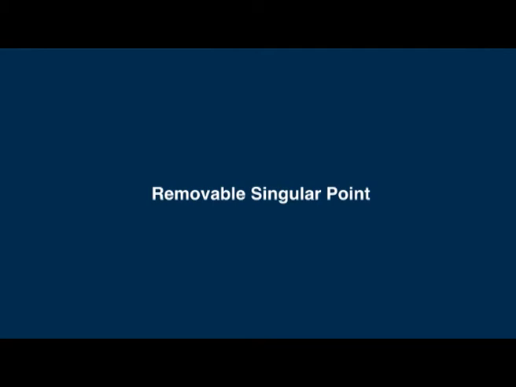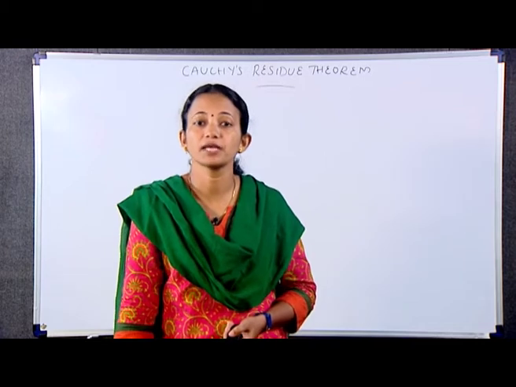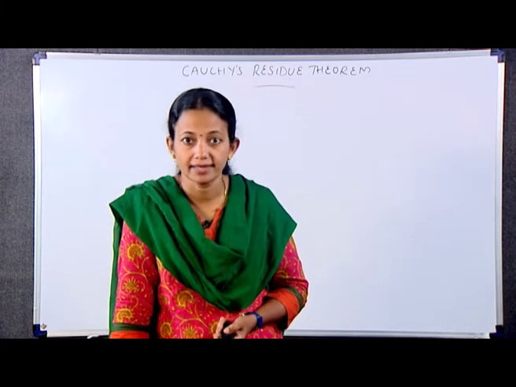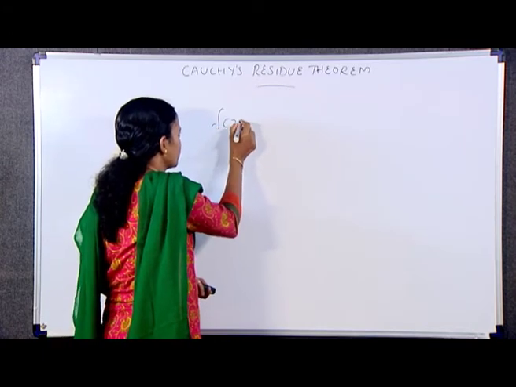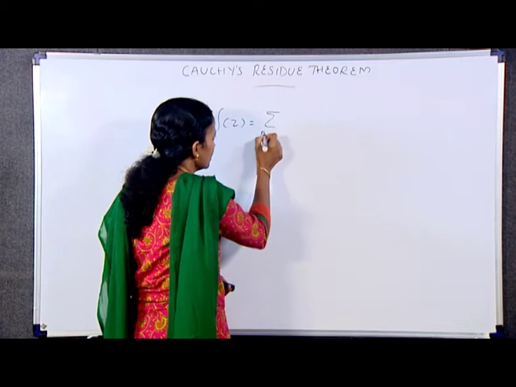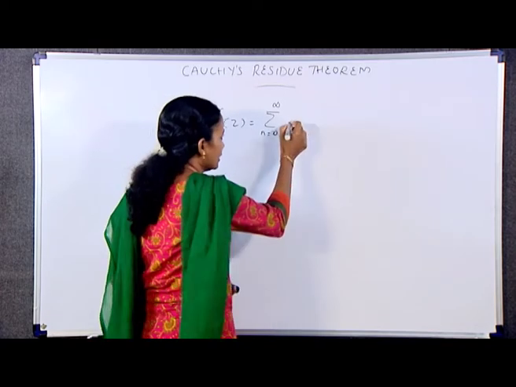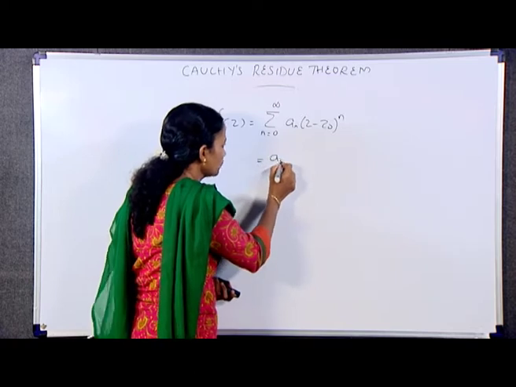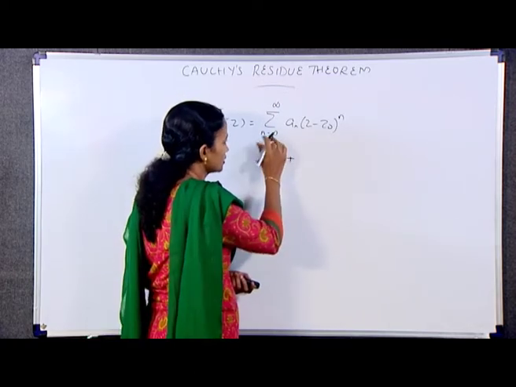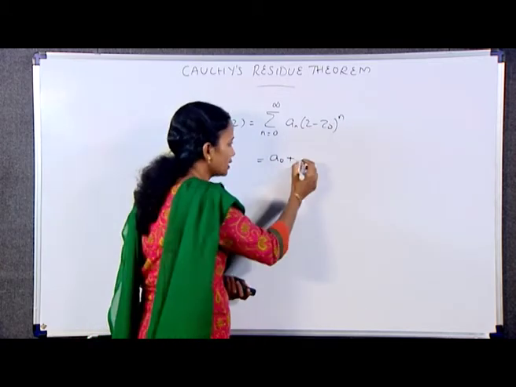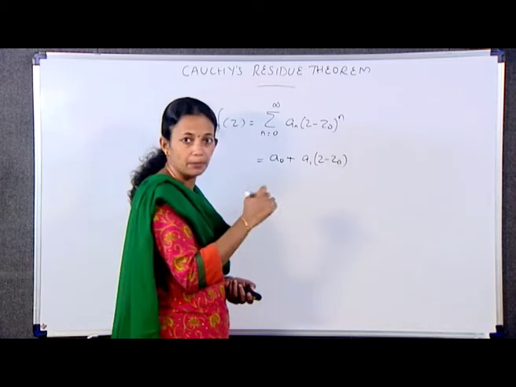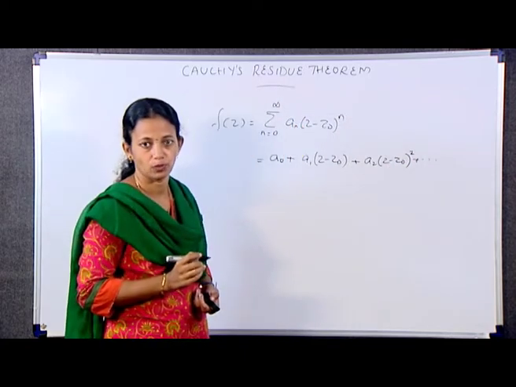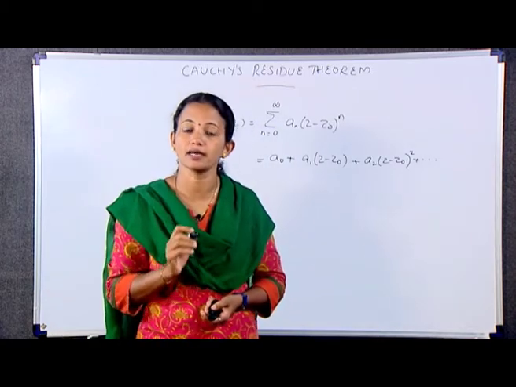Next we have a removable singular point. When all of the bn's in the principal part of the Laurent series are 0, then we have f(z) equal to sigma n varies from 0 to infinity an (z minus z0) whole raised to n, which we can write as a0 plus a1 into (z minus z0) plus a2 into (z minus z0) whole square plus etc., where 0 less than mod (z minus z0) less than R2, equation number 4.